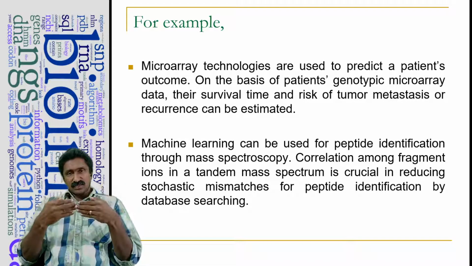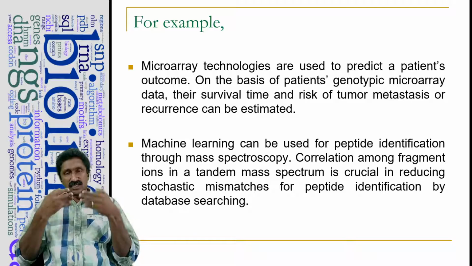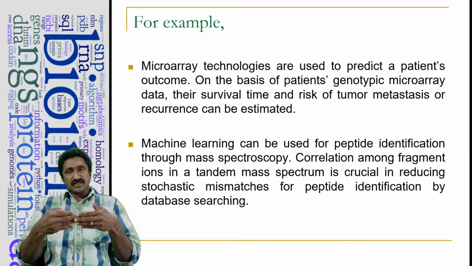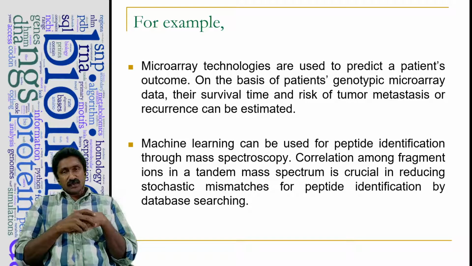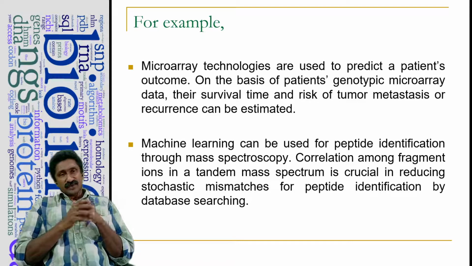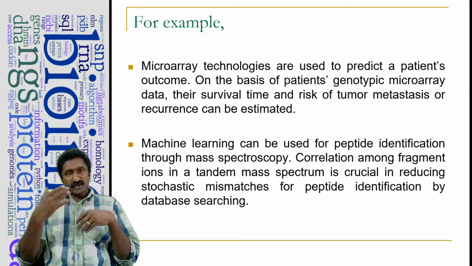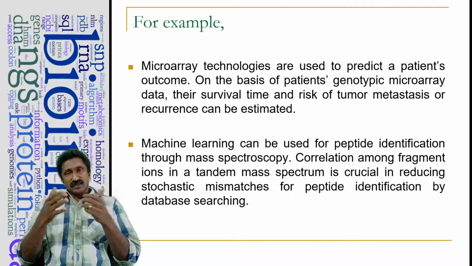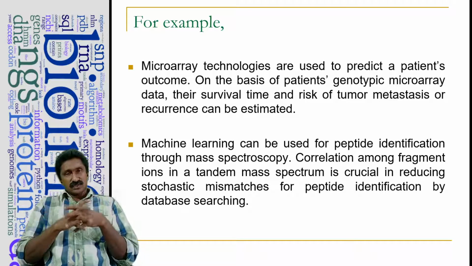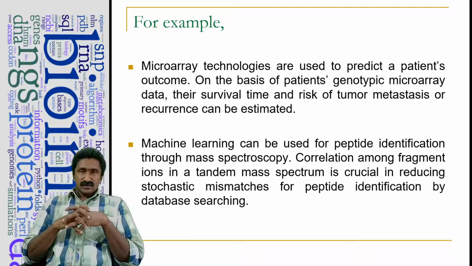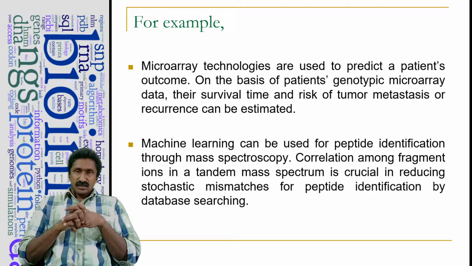The spectrum of mass that is generated can be analyzed so that the peptide can be identified using this MS. So for peptide identification, you can use such tools with mass spectroscopy.